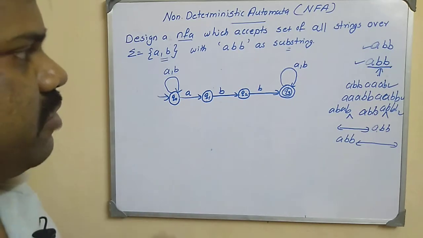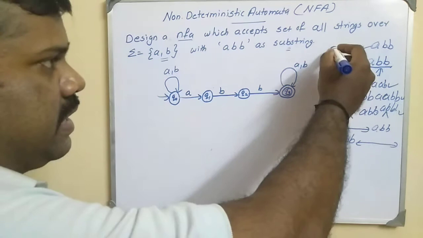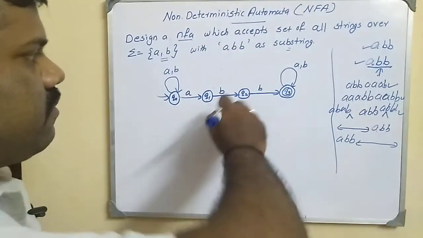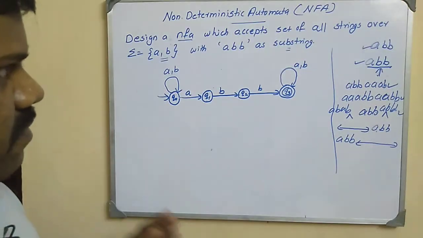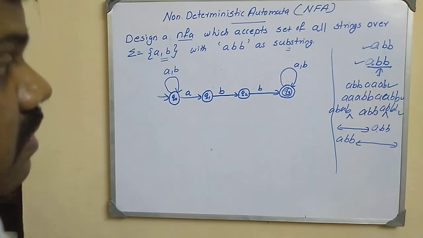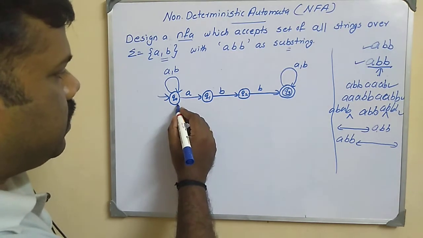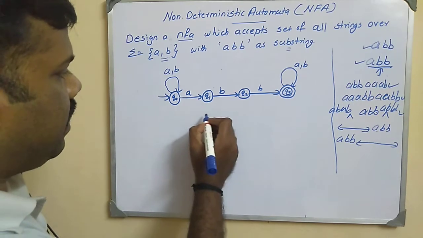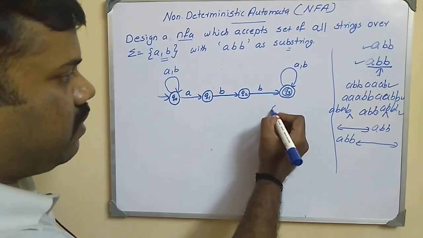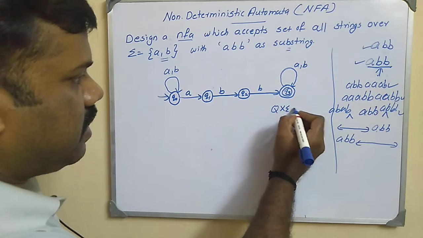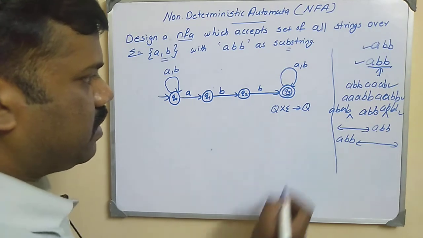Now, what is the difference? Like a DFA, here also there are several states and alphabets. But for the Q0 state, for a given input, in the case of a DFA there is only one transition.